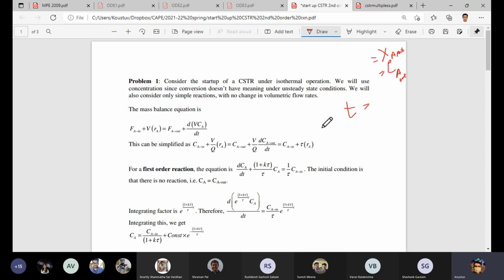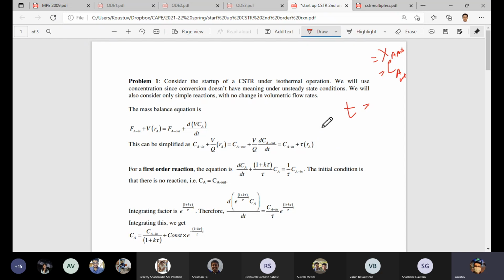So we must have this knowledge: when we again start the reactor or the unit of process, what is the time that it requires to reach the steady state again.